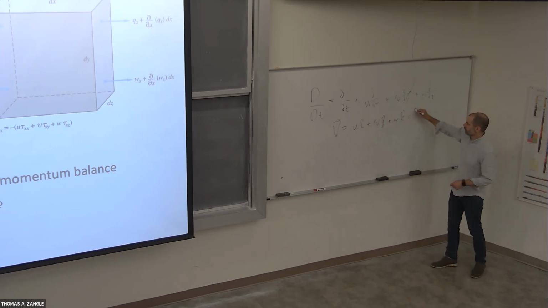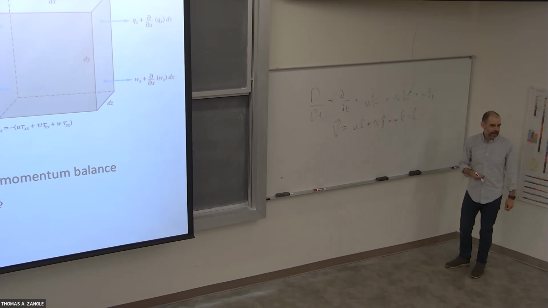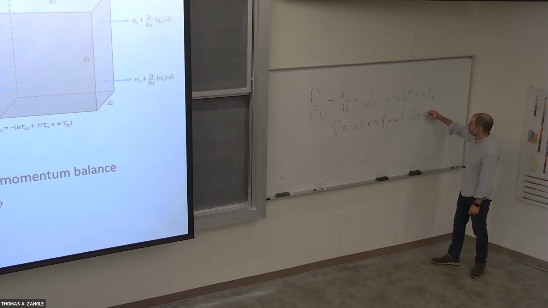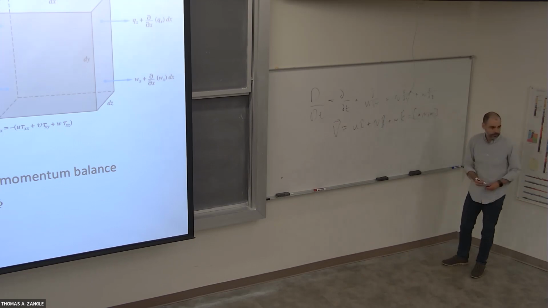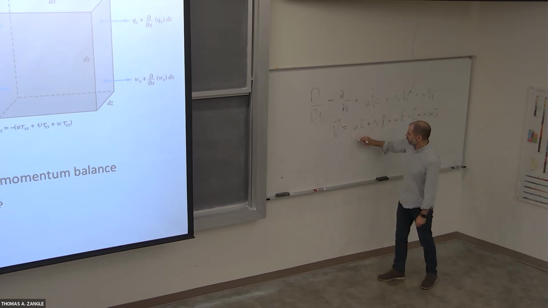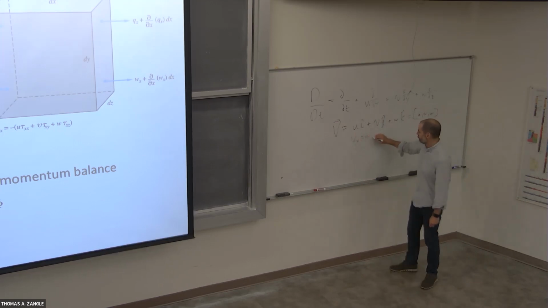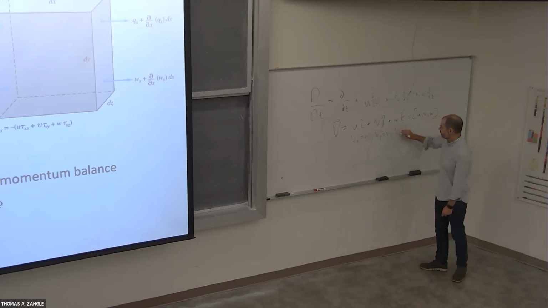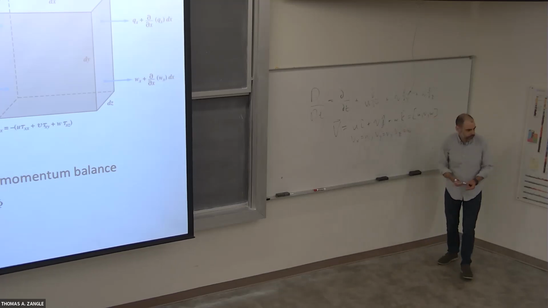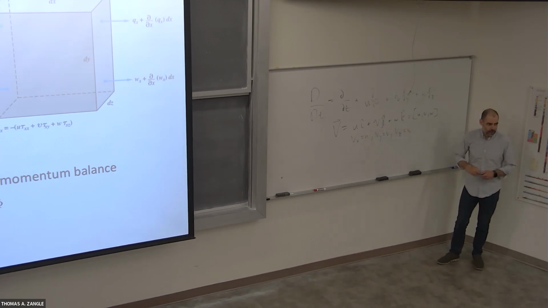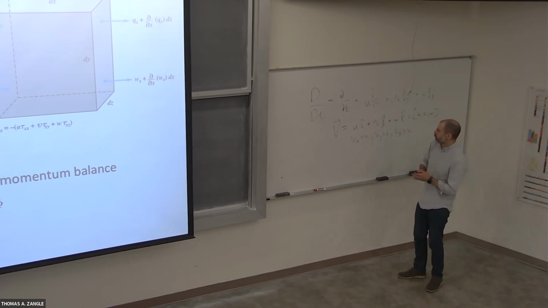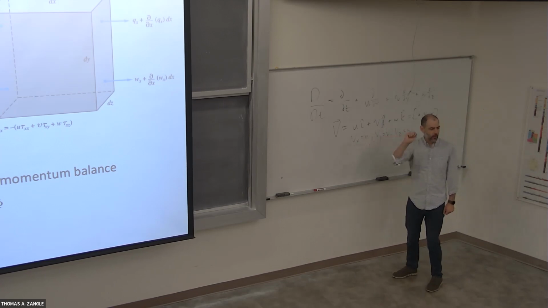You can also write this out in bracket notation form, (u, v, w). Now let's say we're looking at the y component of the momentum balance.